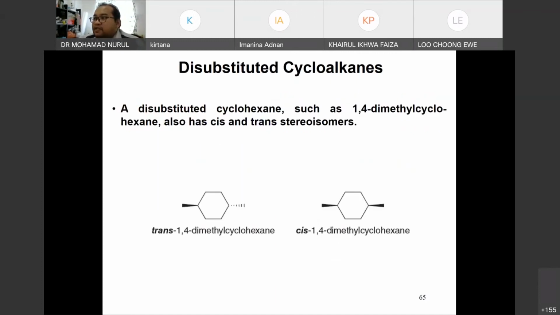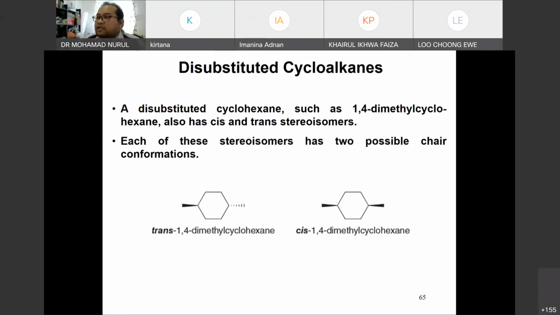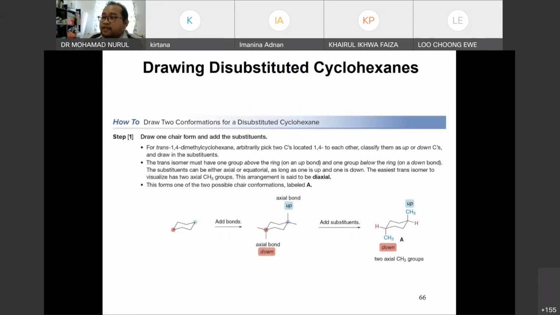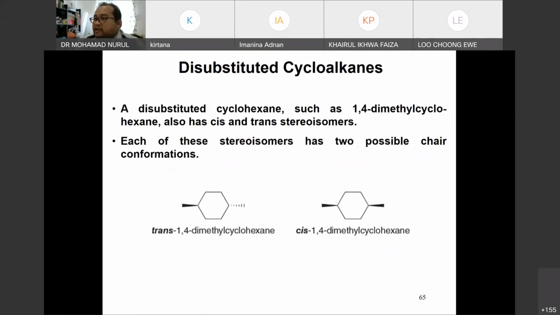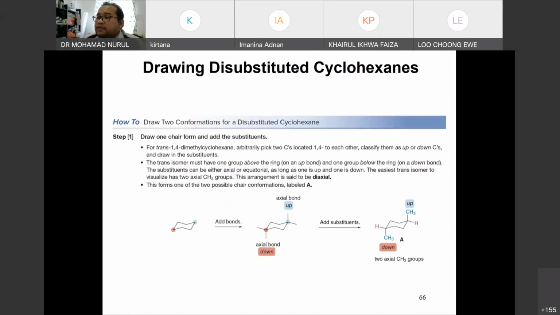For a disubstituted cyclohexane, such as 1,4-dimethylcyclohexane, there are also cis and trans isomers, which are also stereoisomers. Each of these stereoisomers has two possible conformations. How do we draw them? Everything is about drawing. First, draw one chair form and add the substituents.